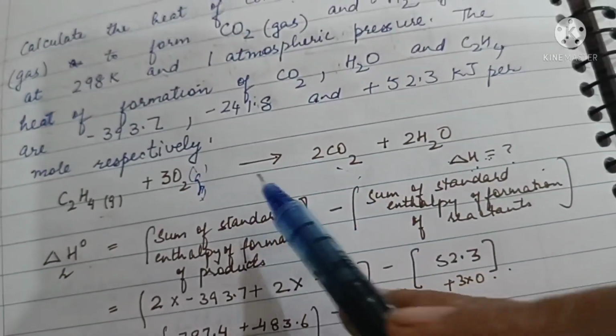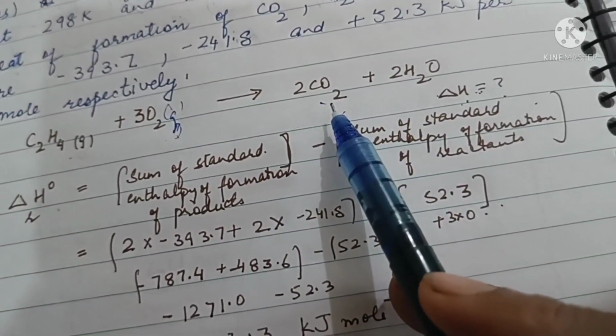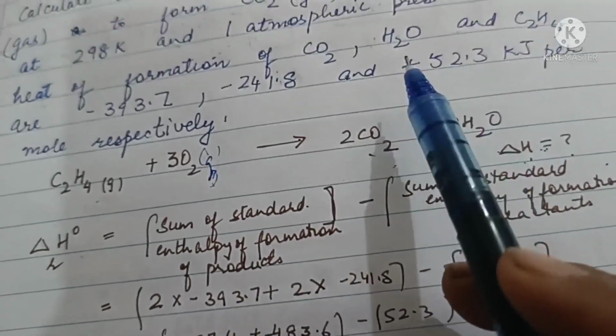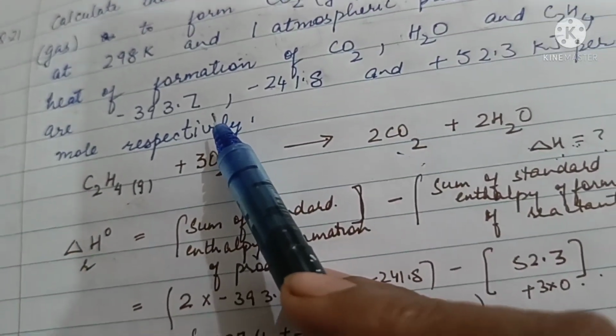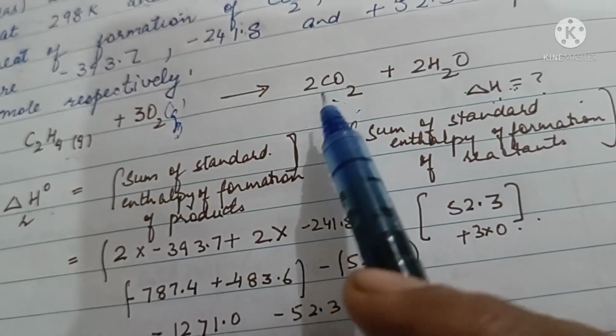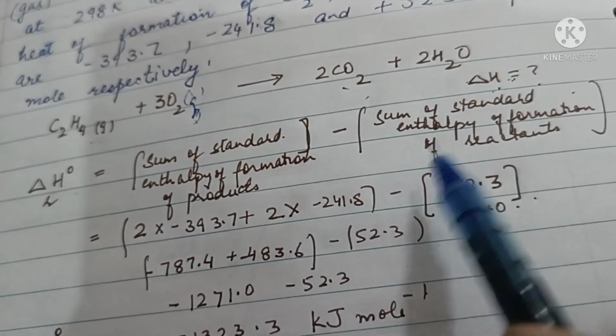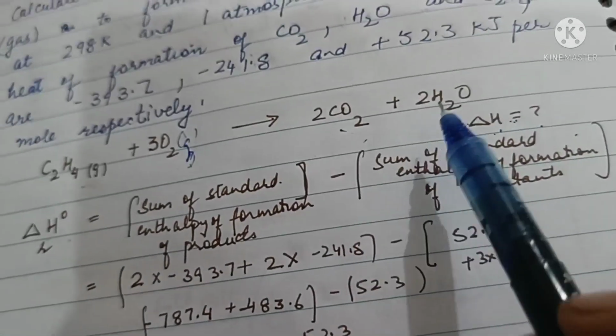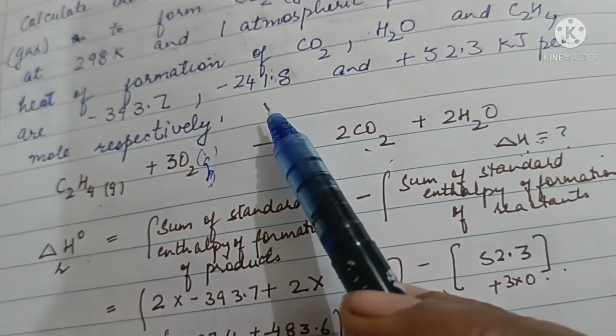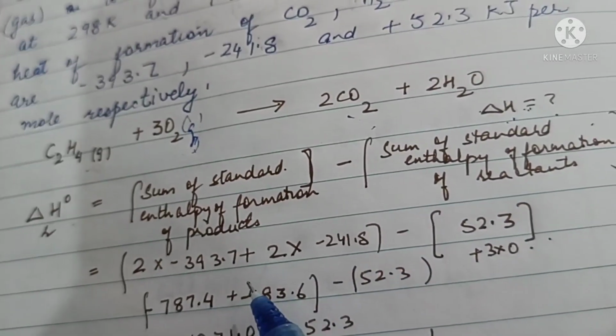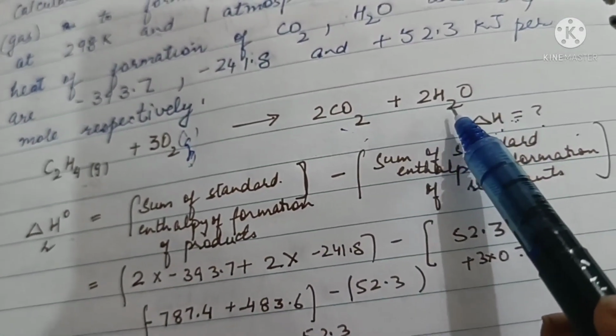So products are carbon dioxide, whose enthalpy of formation is -393.7. As there are 2 moles of carbon dioxide, we multiply it with 2. Similarly, for water also, we multiply the enthalpy of formation -241.8 into 2 because there are 2 water molecules here.